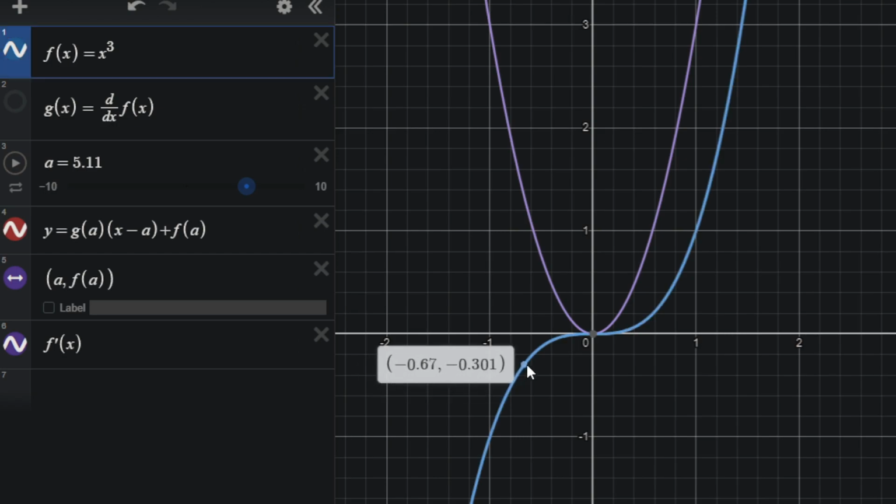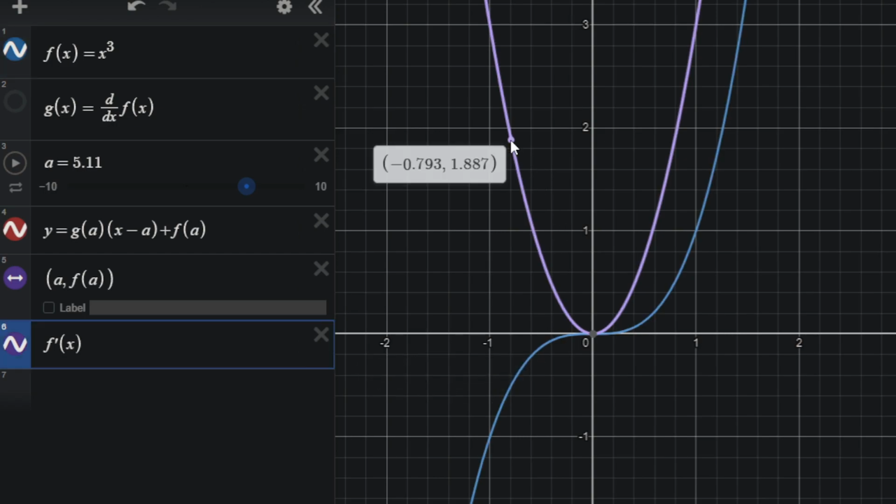The first derivative is always positive, so the function is always increasing. The only real point is at 0 where the derivative is 0 and the function is momentarily flat, right at 0. But in general, we would just call this an increasing function.